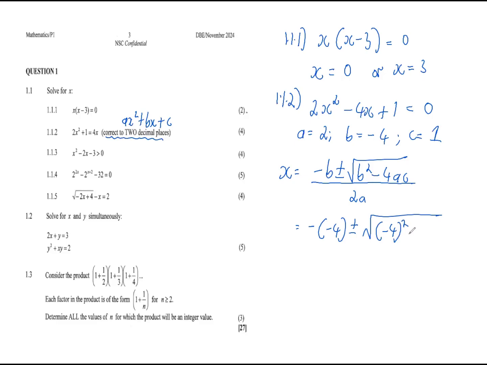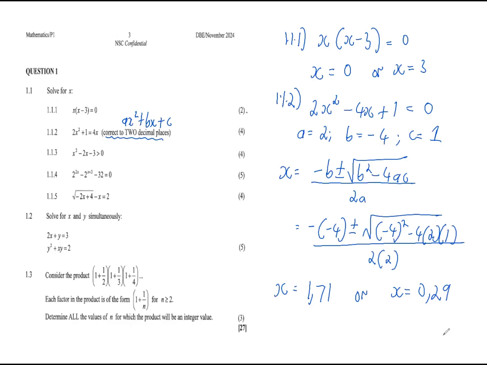So negative negative 4, squared, minus 4, our a is 2 and our c is 1, all over 2 multiplied by 2. At this point you just grab your calculator and punch all of this in. So x equals 1.71, or x equals 0.29. You must start with the positive and then the negative, so that at the end of the day you have 2 different answers.